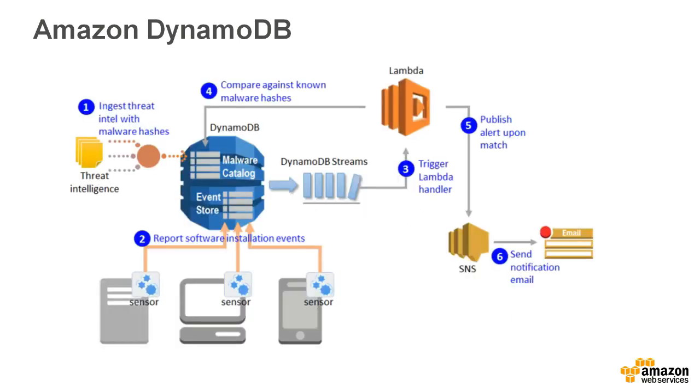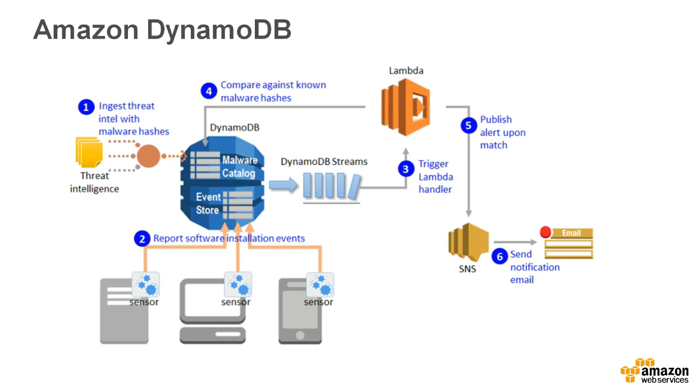Let us test a use case for this. For example, if you want to do some malware analysis, you can implement a solution like this using multiple Amazon services like DynamoDB or AWS Lambda. How does it work? In your DynamoDB, two large data sets are stored: the malware catalog and event store, where you store the details of malwares and events.